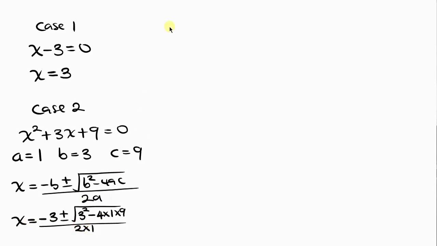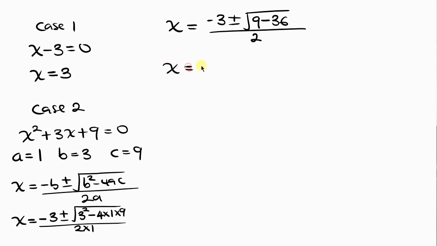So this simplifies into x equal to negative 3 plus or minus the square root of 3 squared is 9, minus 4 times 1 times 9 is 36, all over 2 times 1 is 2. So x will be equal to negative 3 plus or minus the square root of 9 minus 36, which is negative 27, all over 2. I'm going to be leaving out some steps here.